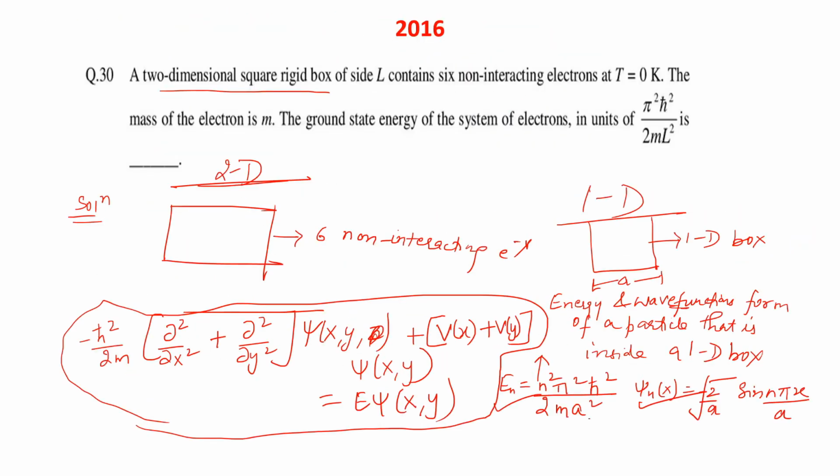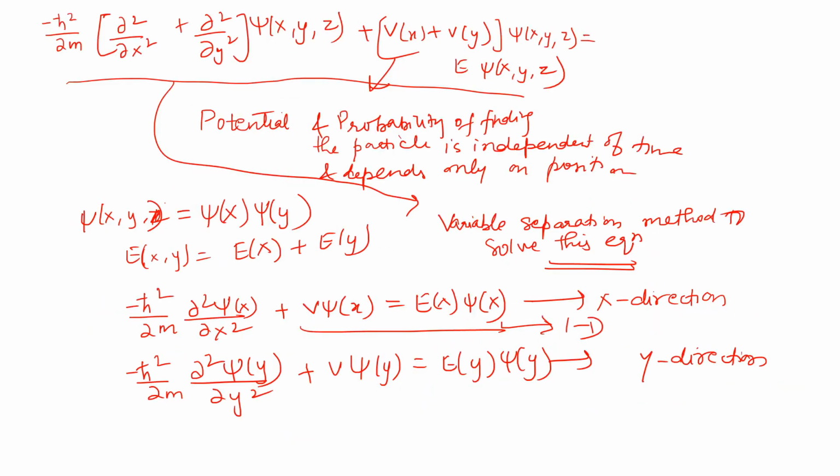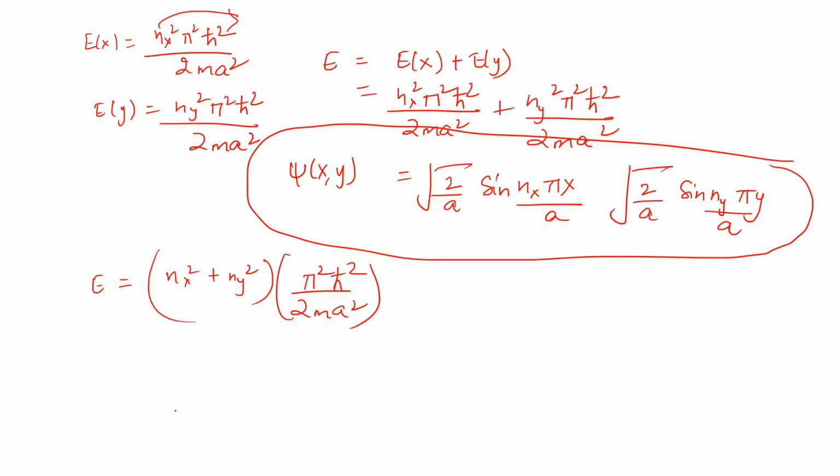So there are 6 non-interacting electrons placed in the box, and we need to find out the ground state energy. Now we'll use the Pauli exclusion principle. This is the first level, this is the second level. Now the nx and ny values. For the first state, 0 0 we cannot take, otherwise the energy will become 0, and delta x going to 0 would mean delta p going to 0.